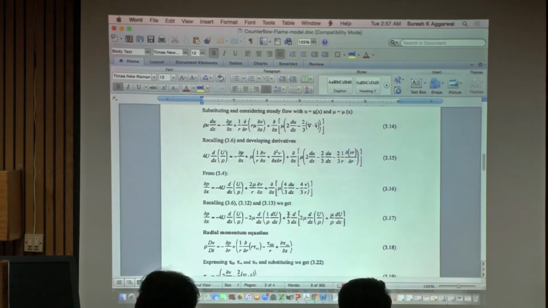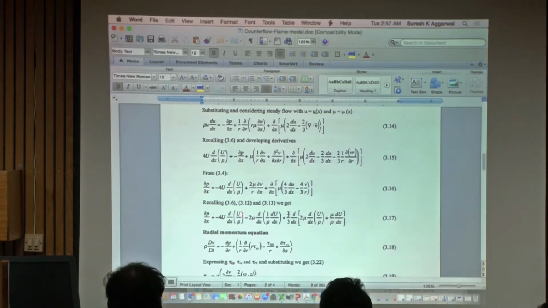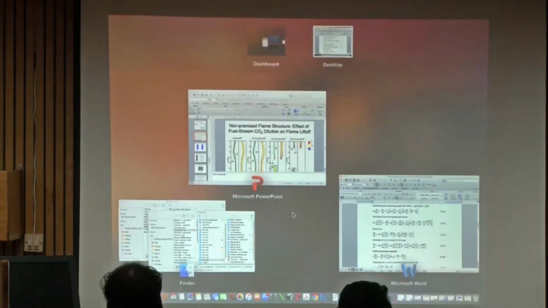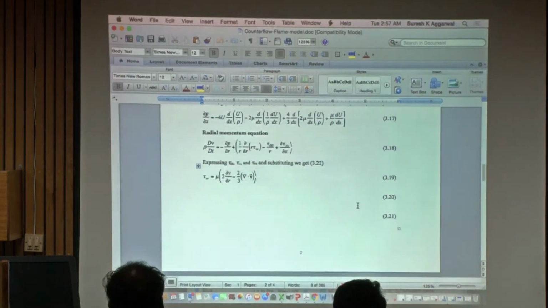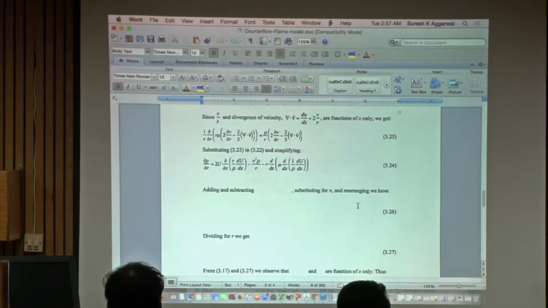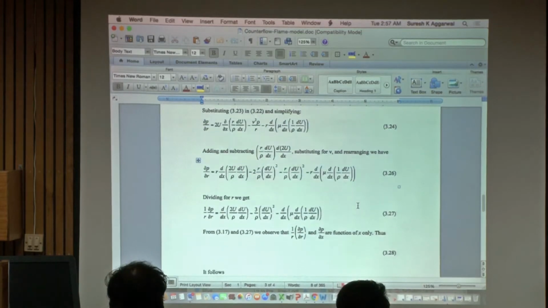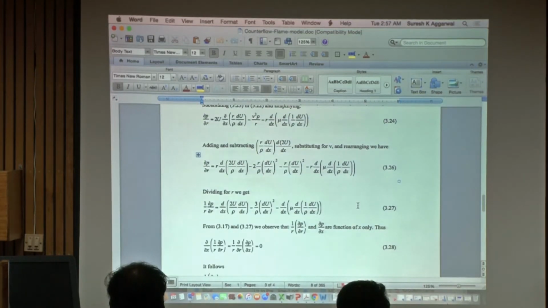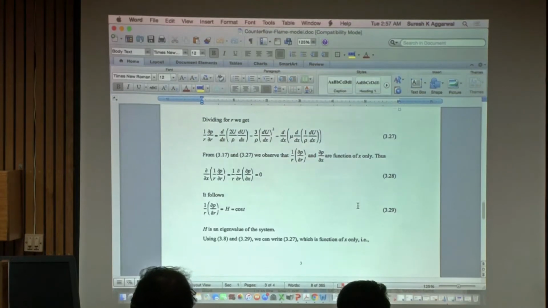Okay. So the axial momentum equation now, there is only dependence on x. Similarly, you can change the radial momentum equation. Okay.